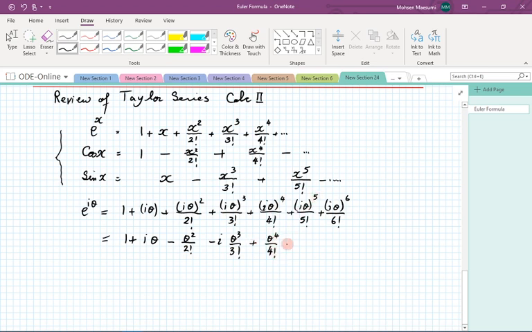How about i to the 5th? So again, think about pausing the video and pushing yourself to come along. i to the 5th was i, theta to the 5 over 5 factorial. i to the 6th, if you remember, you can separate i to the 4th, i squared left, i squared is minus 1, so it becomes minus 1.